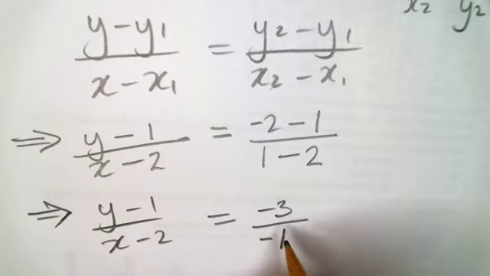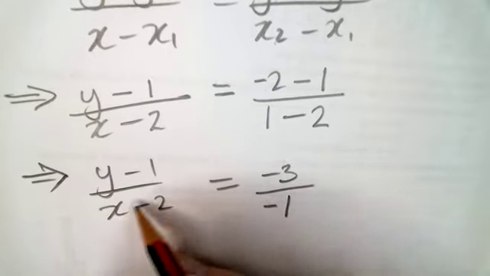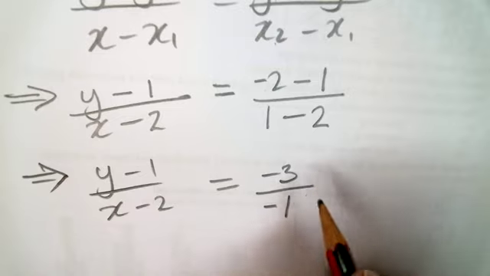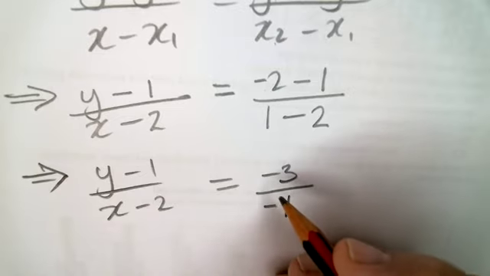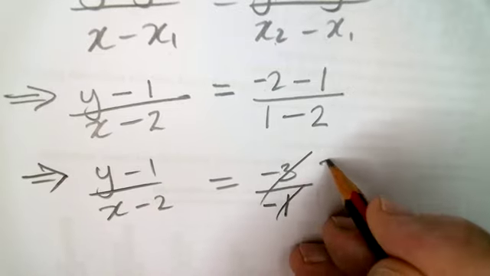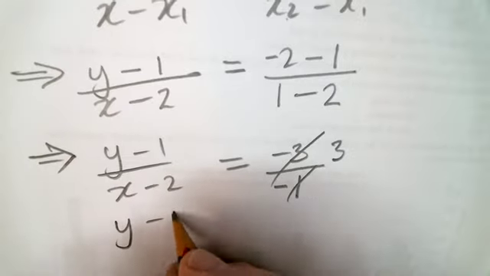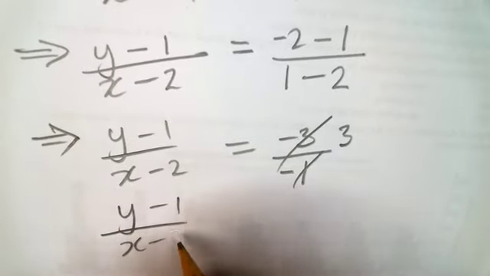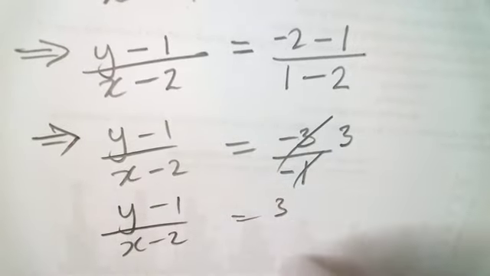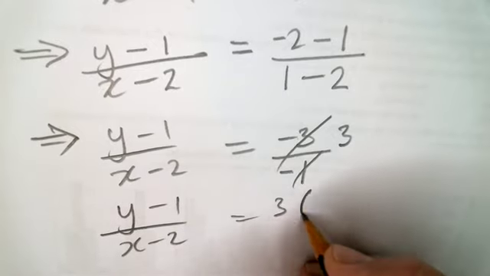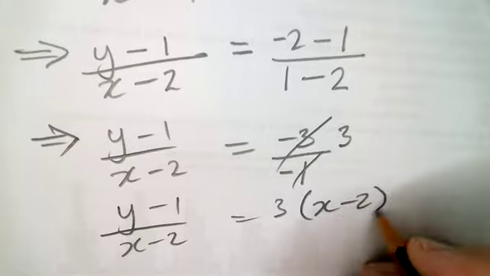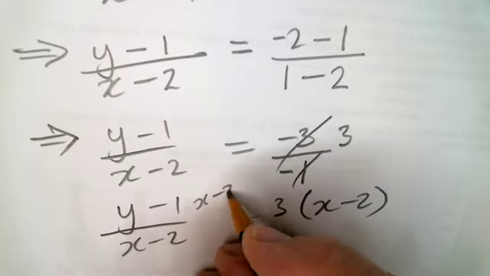Again, lots of ways of doing this. You could just cross multiply at this stage. I'm actually not going to bother with that. I'm just going to say -1 goes into -3 3 times. So I've got (y minus 1) over (x minus 2) is equal to 3. So I'm going to multiply both sides by x minus 2.